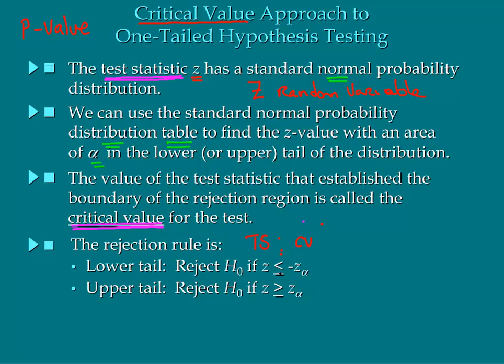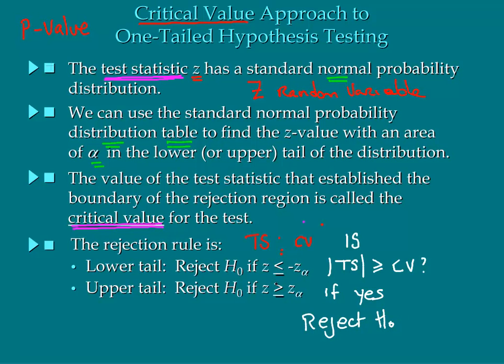So here is a one-size-fits-all approach to these rules. You can encapsulate it with one particular statement: is the absolute value of the test statistic greater than the critical value? If yes, you reject the null hypothesis.